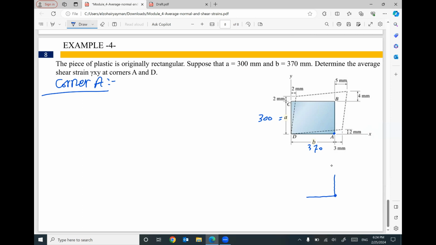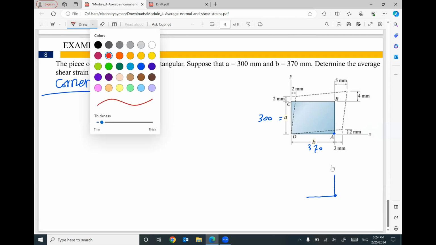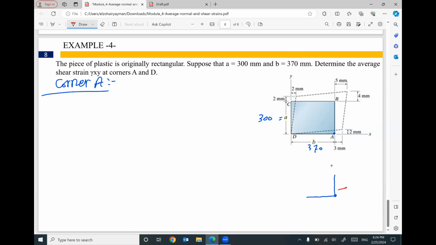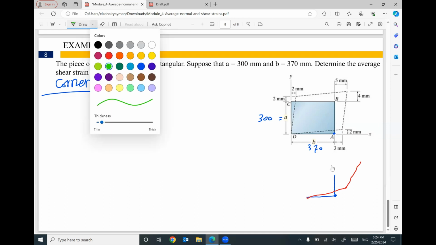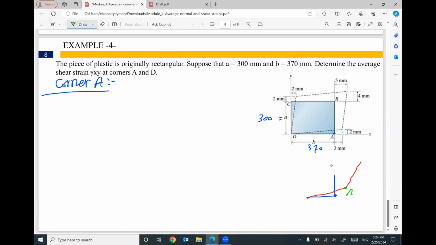After deformation, this right angle became like this and like this. So if you put the right angle one more time at corner A, we have this change in the angle phi 1 and this change of the angle phi 2.